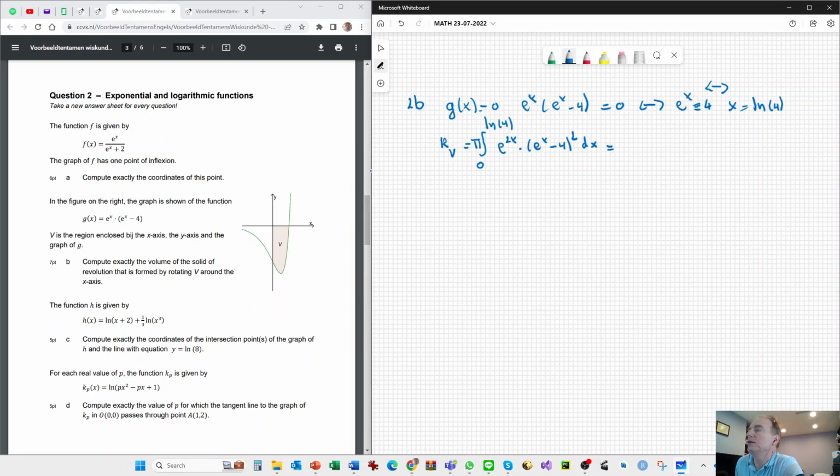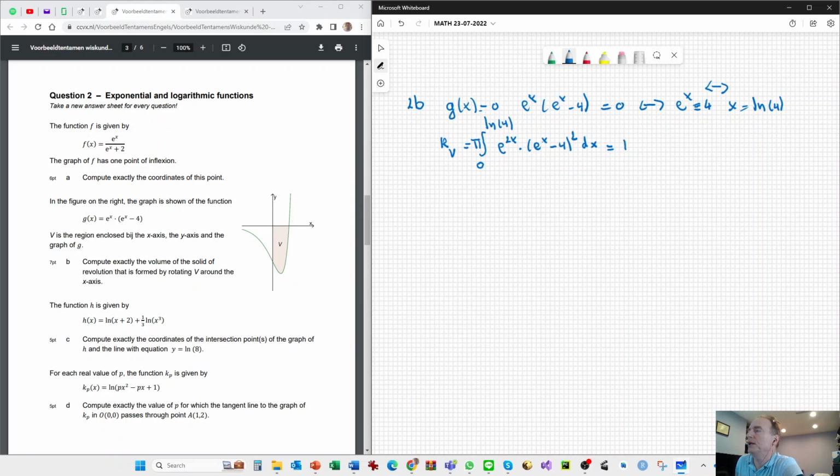Okay. Well, let's just expand these parentheses here, so you get all individual terms, individual exponential functions that you can find the primitives of.